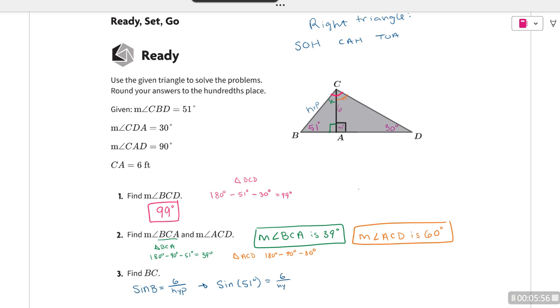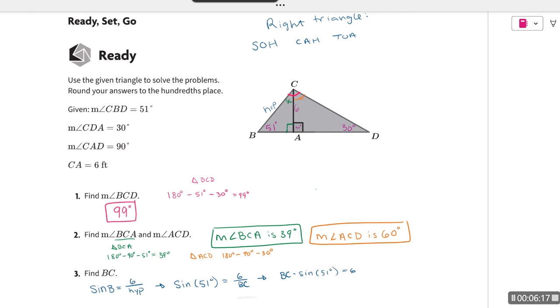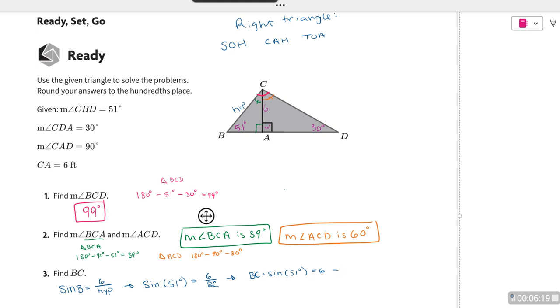So 6 over hypotenuse. Now let's do some algebraic work to get that hypotenuse by itself. Instead of calling it hypotenuse, let's start calling it BC because that's what it is. I'm going to multiply both sides by BC, so BC times sine of 51 equals 6. Then I'm going to divide by sine of 51.